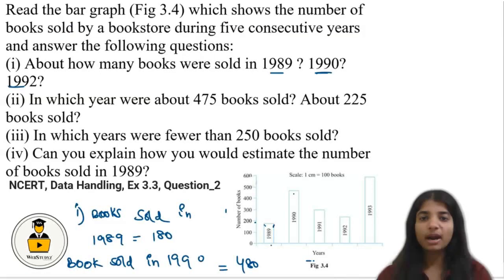Now let's discuss the part 2. Part 2 is that in which year about 475 books were sold, and about 225 books were sold. We have to find out the year in which 475 and 225 books are sold. So if you can see, in 1990 around 475 books are sold, and in year 1992, as we just discussed, there are about 225 books which are sold.